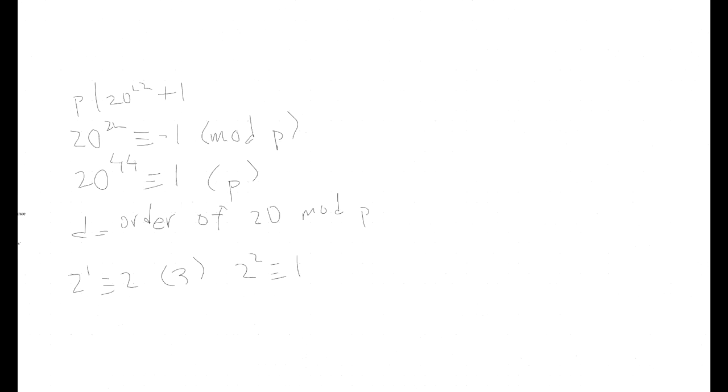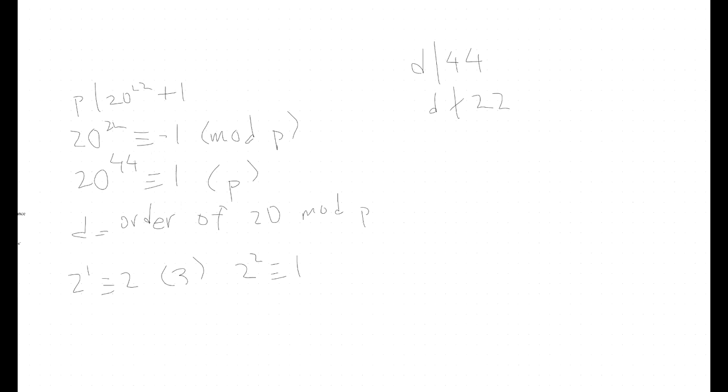Okay, so we let D be the order of 20 mod p. Then D has to divide 44 because 20 to the 44 is equivalent to 1 mod p. And we also require D does not divide 22, because if D did divide 22, then 20 to the power of 22 would be equivalent to 1 mod p, which it is not.